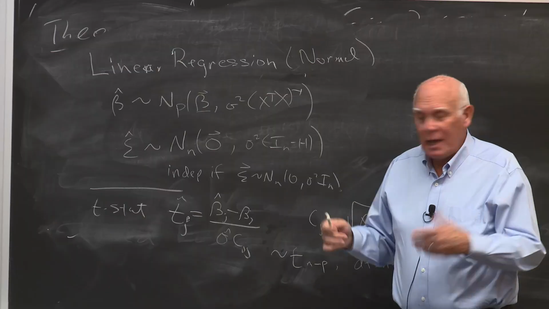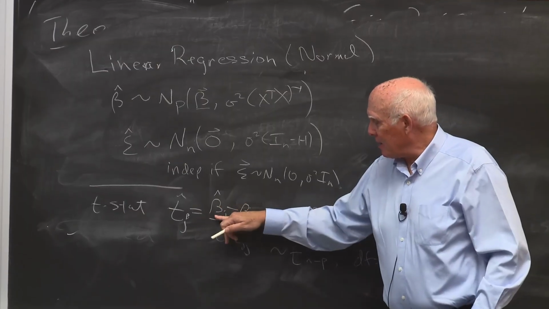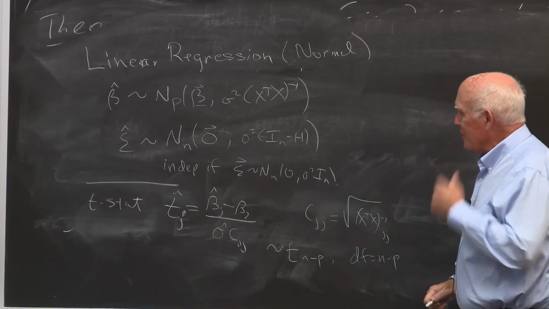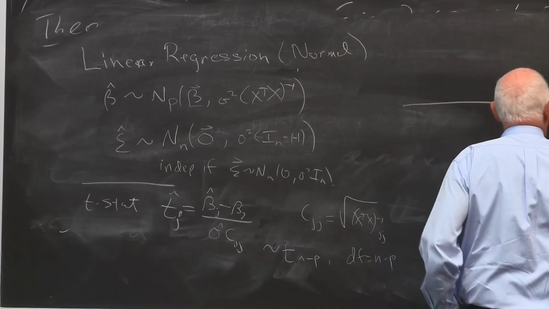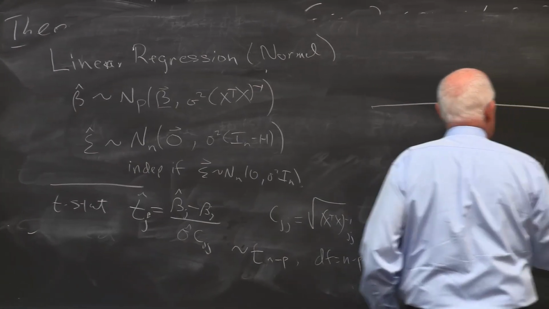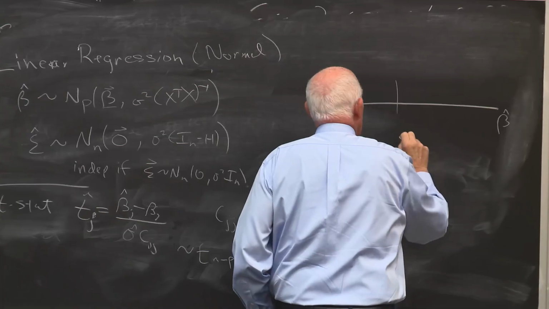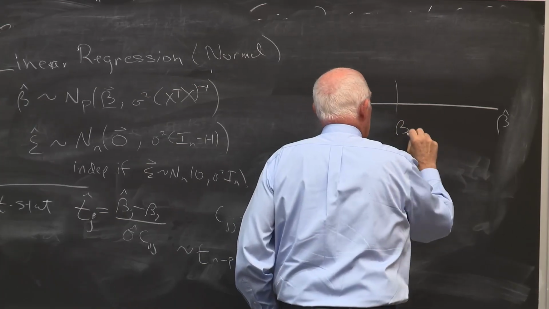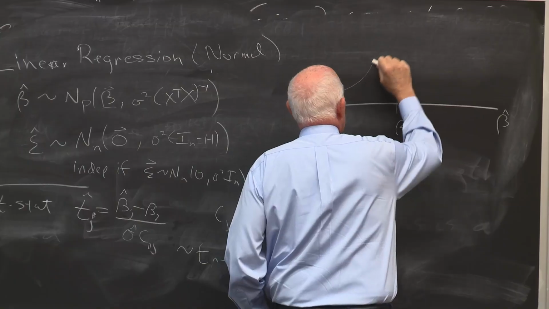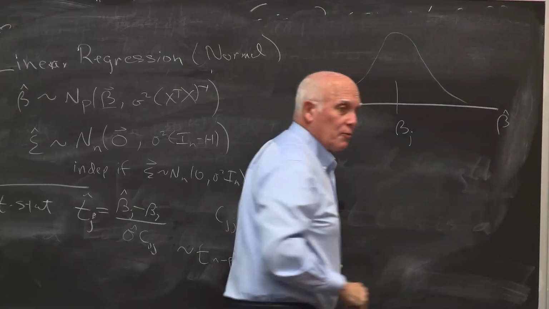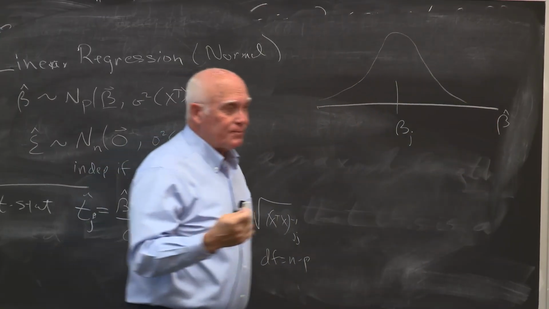So centering our least squares estimate at beta j allows us to write that out. So if we look at our beta hat value and consider it around the true beta j, we basically have a t-distribution for the outcome.